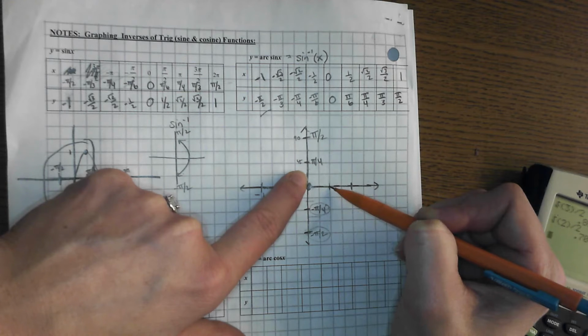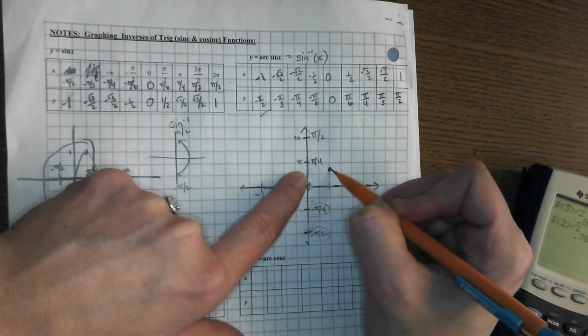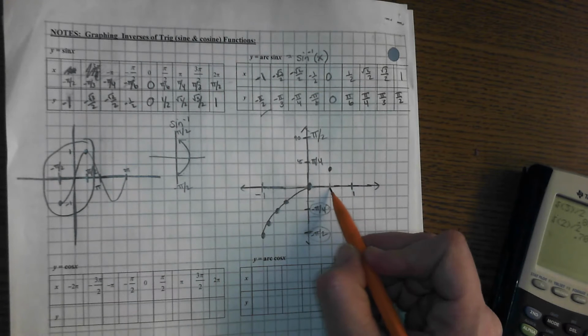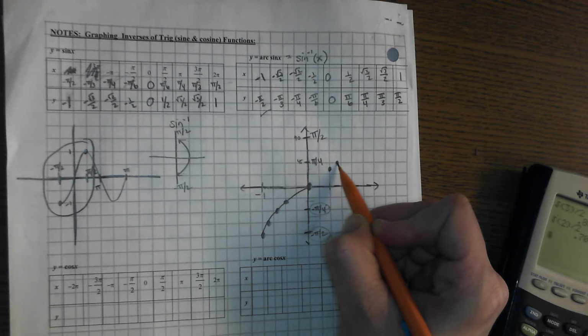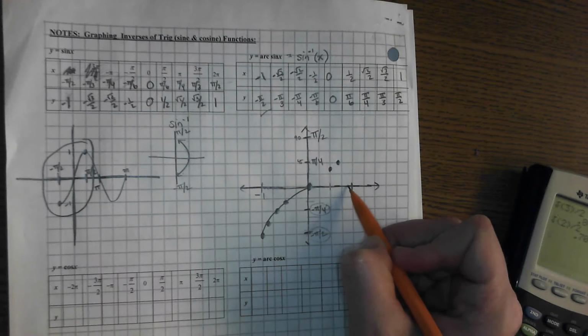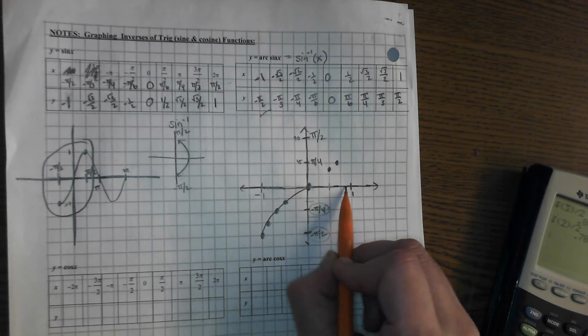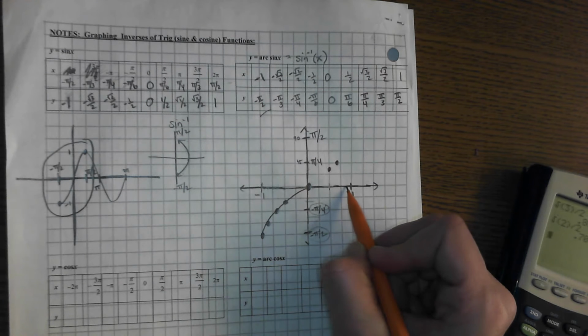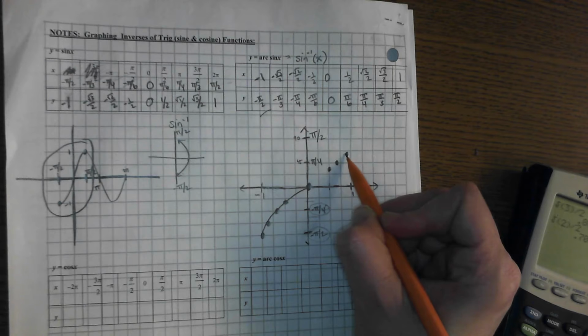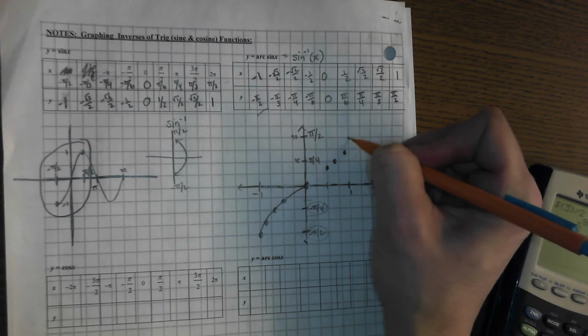So 1/2 is paired with pi over 6. Root 2 over 2, again 0.7, is about there, paired with pi over 4. Root 3 over 2 is 0.866, which is there-ish, paired with a 60-degree angle, about here. And then 1 pairs with pi over 2.